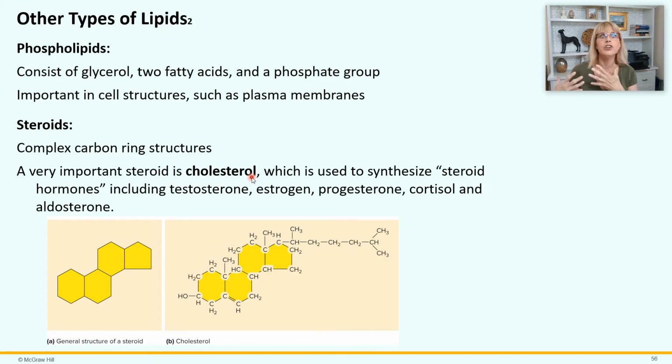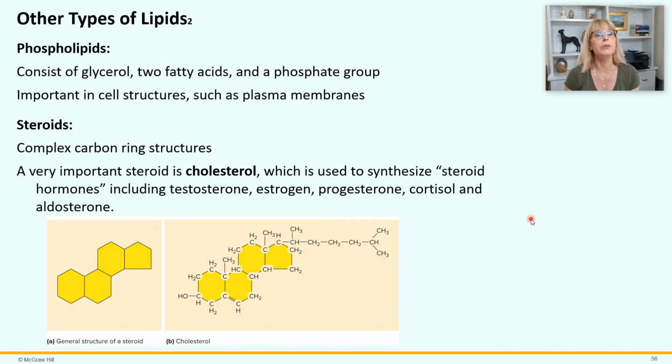And they're like, why would it do that? Well, it's because cholesterol is actually a necessary molecule for life. It plays a role in the cell membrane that we're not going to talk about, but cholesterol is the starting point for synthesizing, which means making or building, steroid hormones.